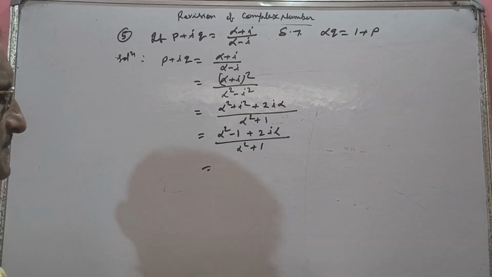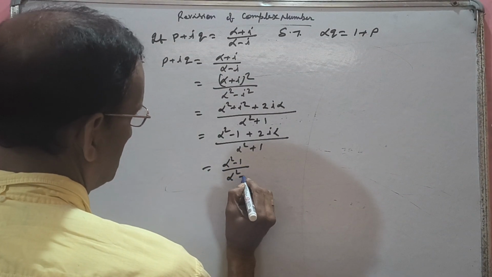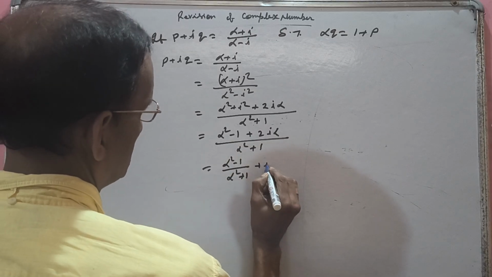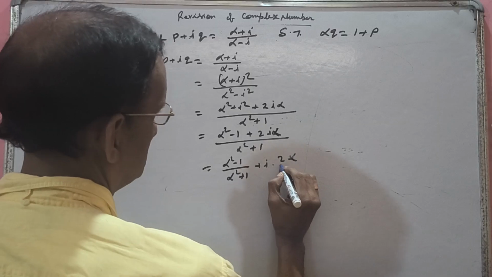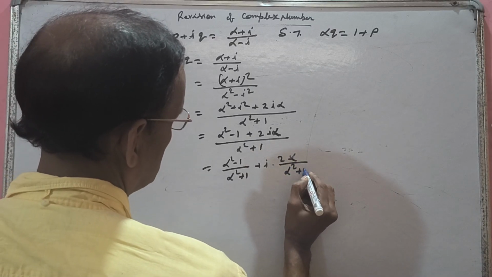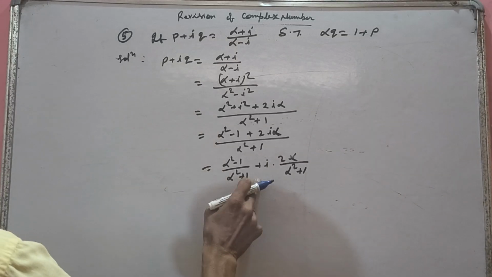Expressed in the form of a plus ib: (alpha square minus 1) by (alpha square plus 1) plus i into twice alpha by (alpha square plus 1). Now this is P plus iQ equal to this, a plus ib form.